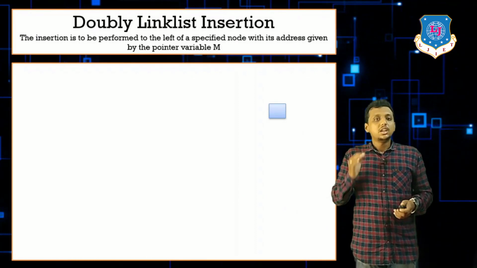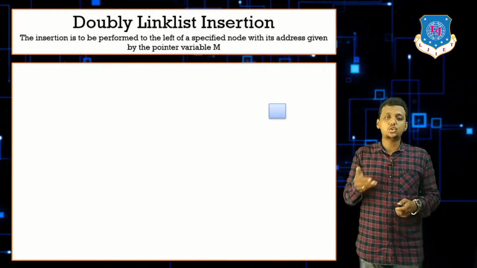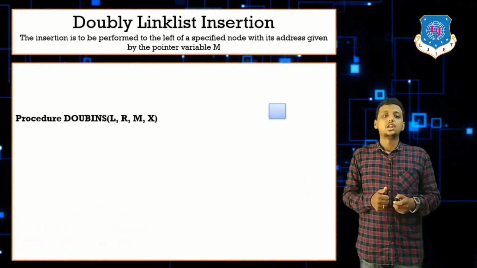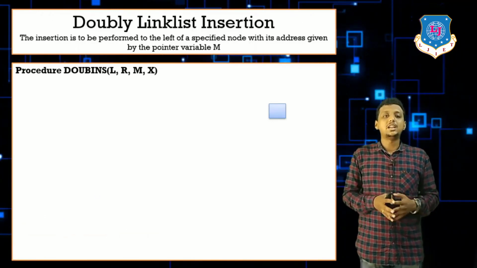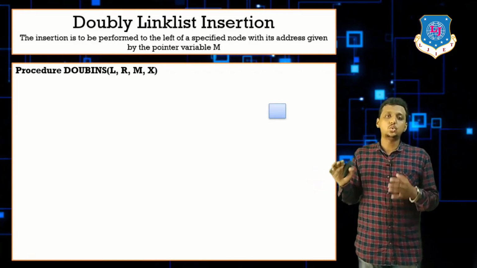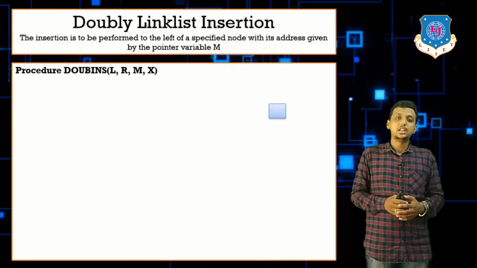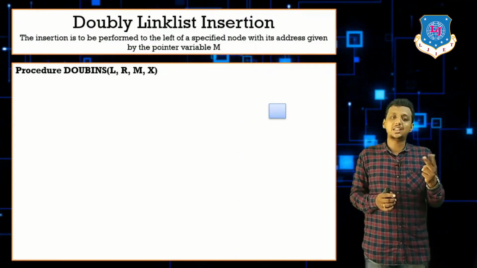Here you also need to remember some basic conditions, which types of cases we are going to take during the insertion of this particular algorithm. So very first, this is a doubly linked list insertion. It is a procedure because we are not going to return anything from here. What we need: L and R, both pointers are there.